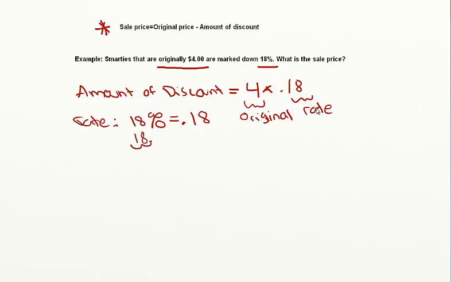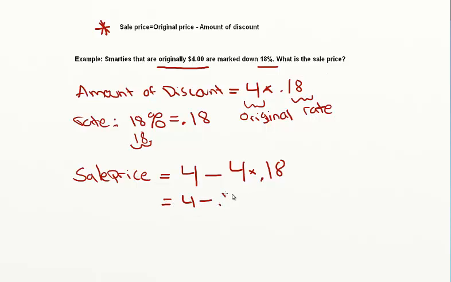So now we're going to plug this into our formula star up there. So our sale price is equal to the original price, which is $4, minus the amount of discount, which we had $4 times a rate of 18%, which is 0.18, and that's going to come out to 4 minus 0.72, which is going to be 3.28.